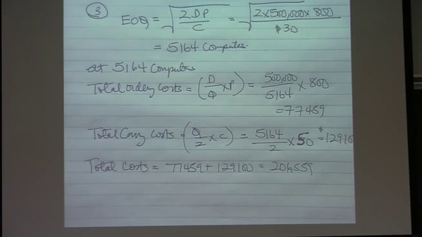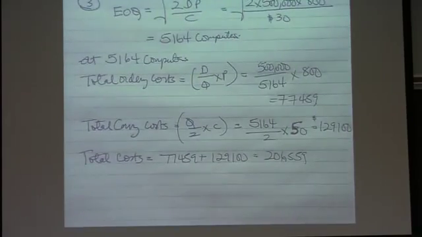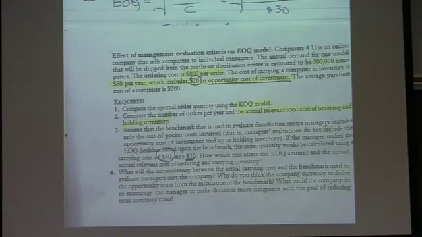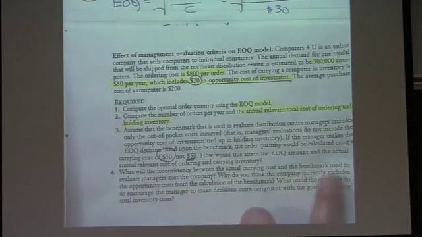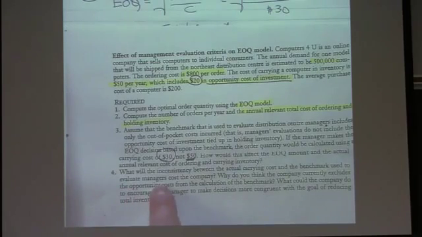Okay? Now, let's look at the next part of the question. It says, what will the inconsistency between the actual carrying cost and the benchmark used to evaluate the manager's cost be to the company? Why do you think the company currently excludes the opportunity cost for the calculation of the benchmark?